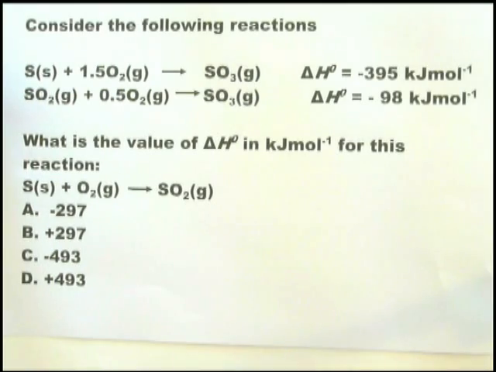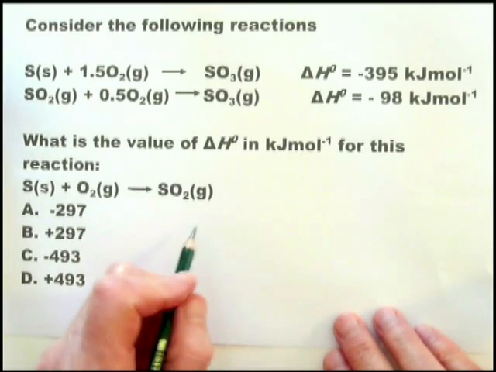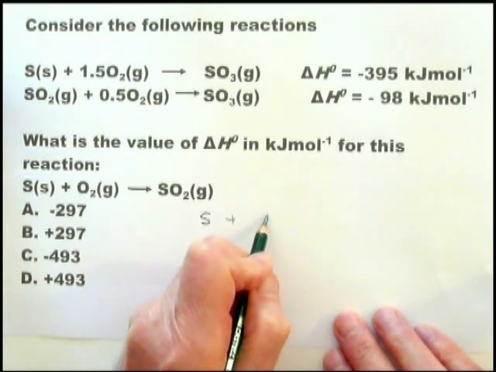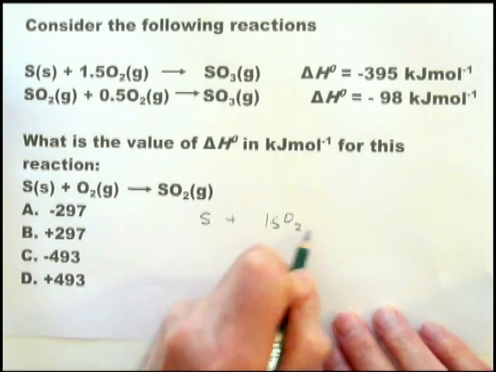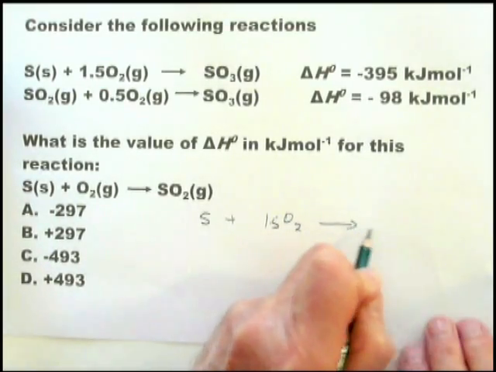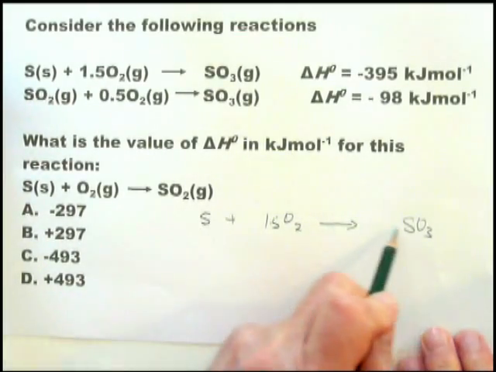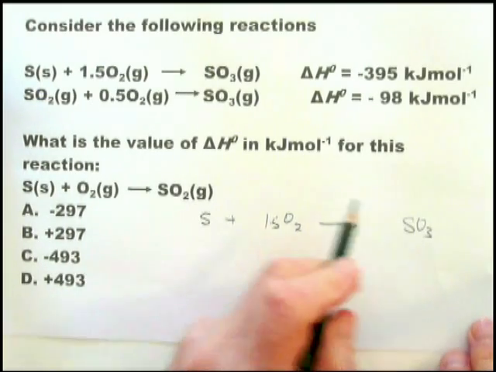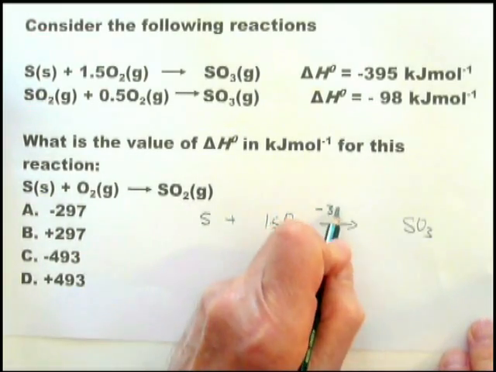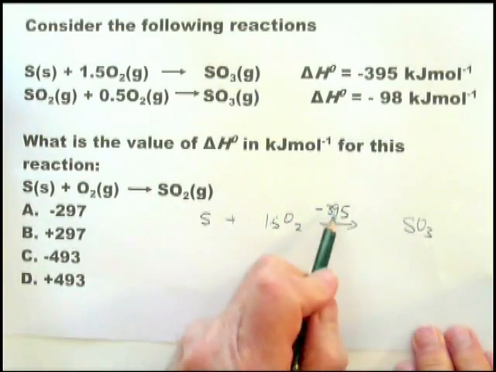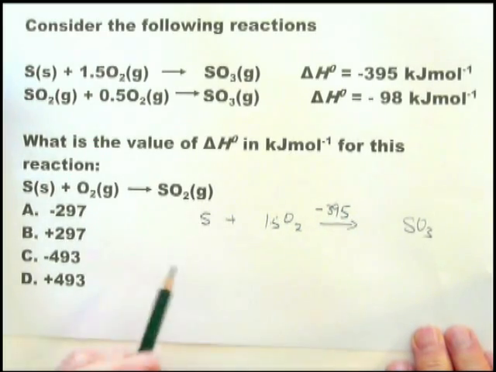There is more than one way to do this one. However, what I'm going to show you is how it looks from the point of view of logic, or what I think is logic. SO3. So sulfur goes all the way to there, and it's SO3 and 395. So sulfur is oxidized all the way to SO3, and it's minus 395.